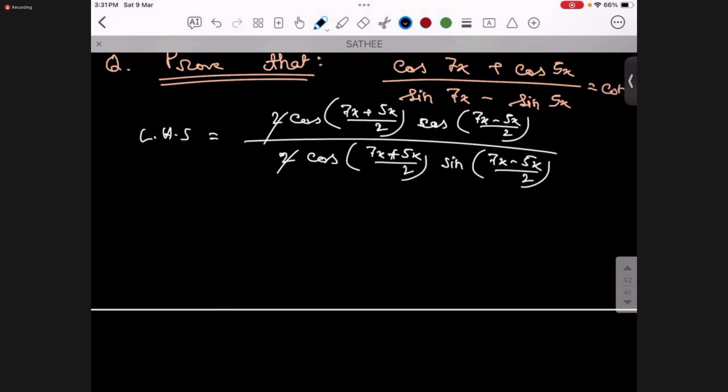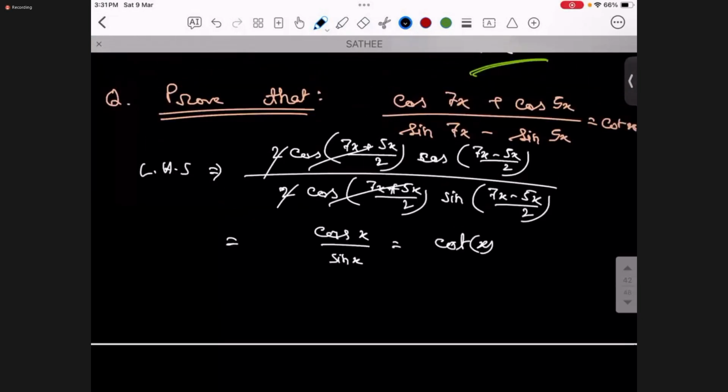So 2 will go, this will also go. What will we get? Cos x by sin x, which is nothing but cot x. Okay. So just using the formula, we have obtained this.